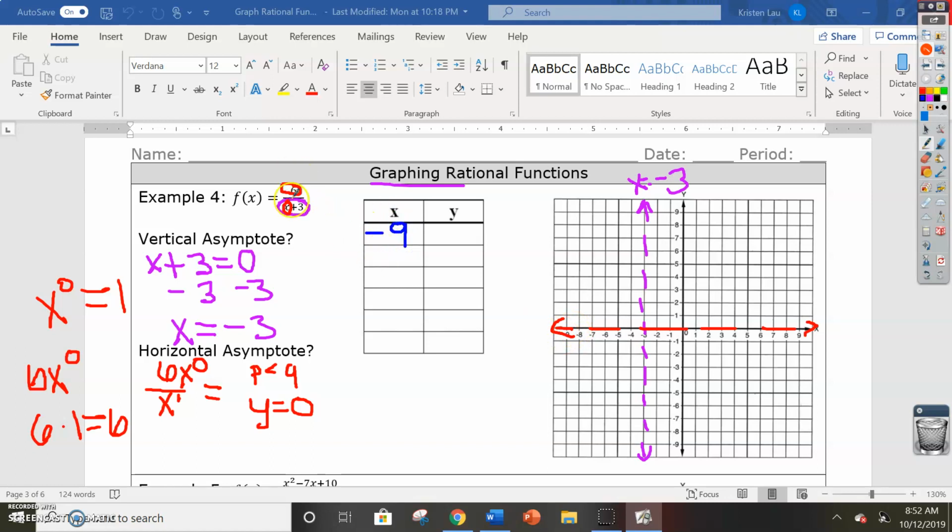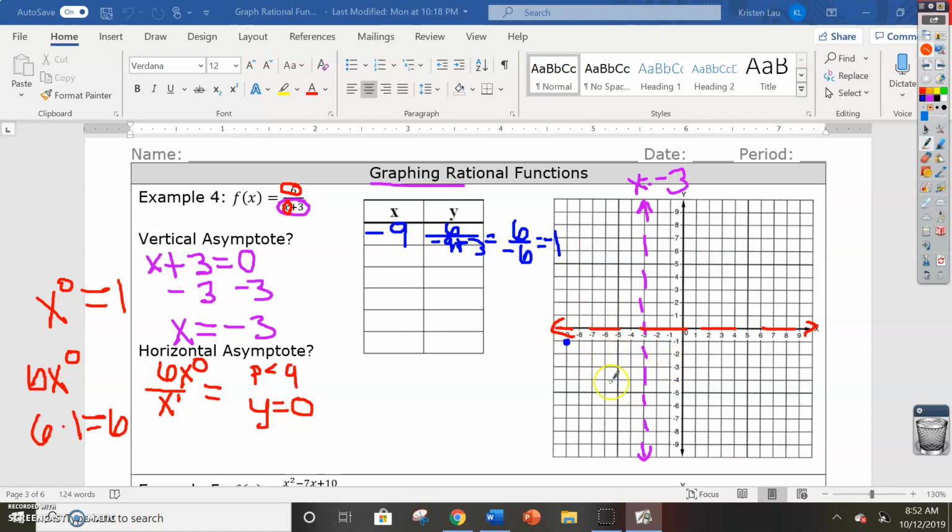So I'm going to plug this x value into my original equation. So I have 6 over -9 plus 3, which is 6 over -6, which is -1. So when x is -9, y is -1. So I'm going to go ahead and graph that point right here.